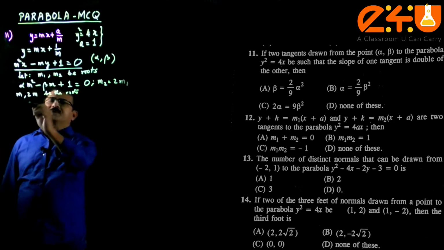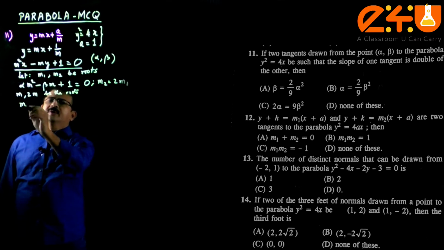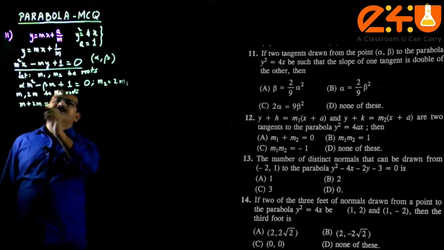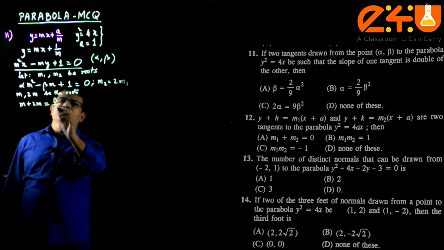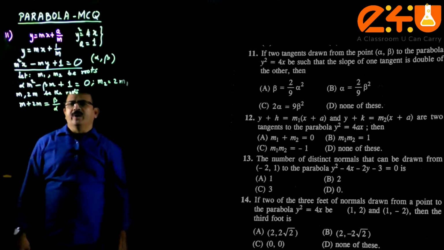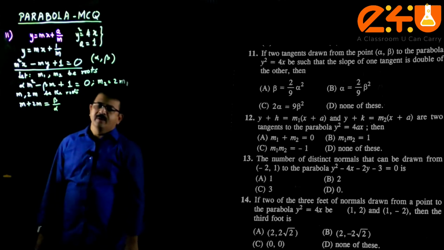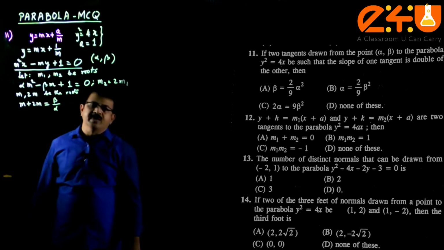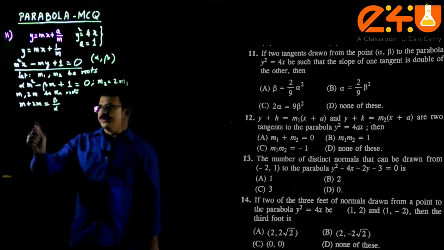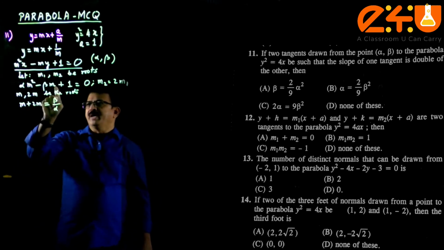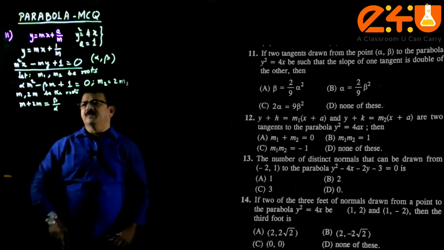Substituting the sum of the roots, which is minus of coefficient of m by coefficient of m square. You know the quadratic equation formula, alpha plus beta is minus b by a. So the sum is m plus 2m equals beta by alpha.